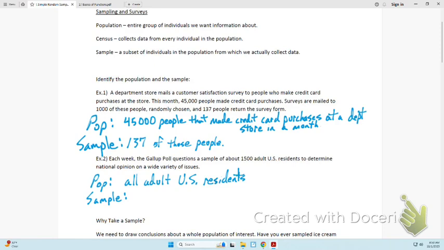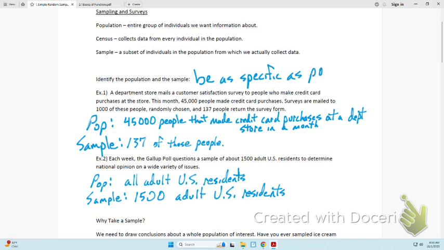The sample is 1,500 adult U.S. residents. Hope these made sense. You just want to be as specific as possible. All right? Here, I'm going to write that down. Be as specific as possible.